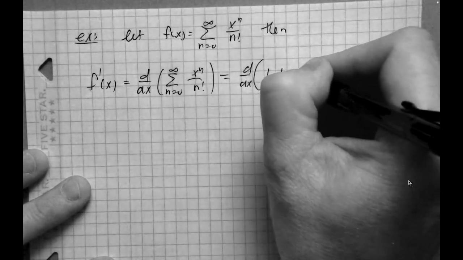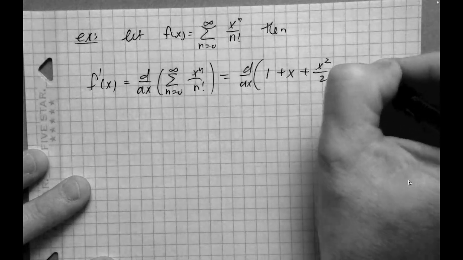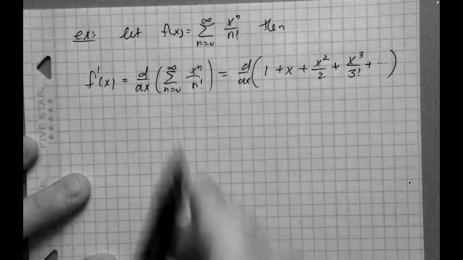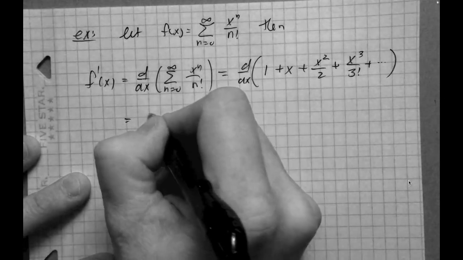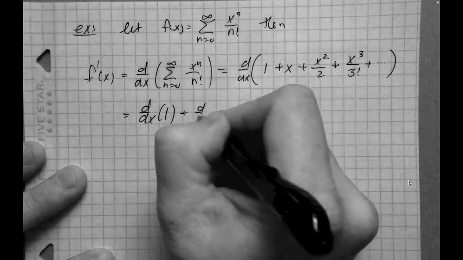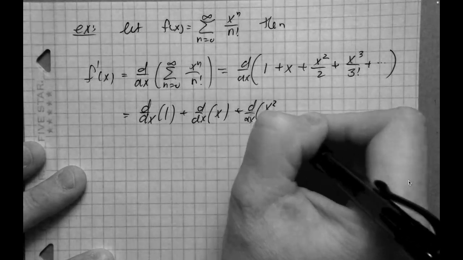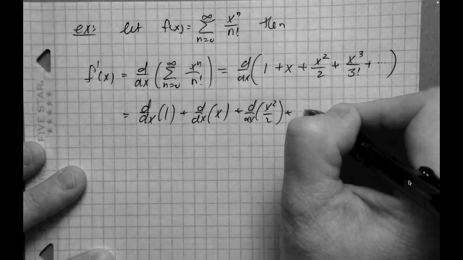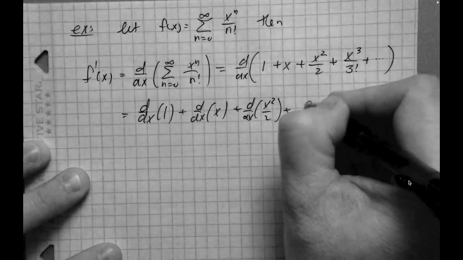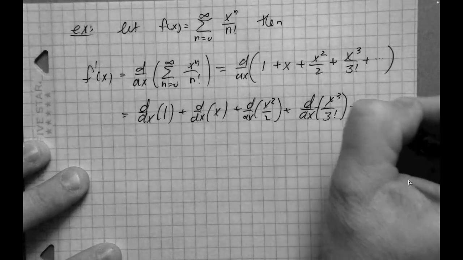There will be 1 plus x plus x squared over 2 plus x cubed over 3 factorial plus and so on. And we know that that's equal to d dx of 1 plus d dx of x plus d dx of x squared over 2 plus, and so on. So let's put one more in there: d dx of x cubed over 3 factorial plus so on.